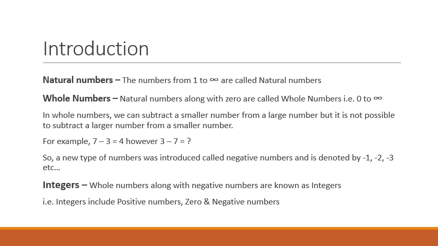Now we will learn the new set of numbers which is known as integers. So integers are the whole numbers along with negative numbers. So we can say integers include positive numbers, that is numbers from 1 till infinity, 0, and the negative numbers, the numbers from minus 1 till minus infinity.